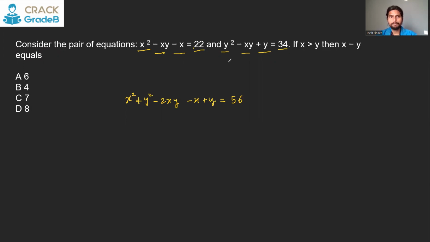If you rearrange it properly, x square plus y square minus 2xy means x minus y's whole square. Also, if you take minus common, x minus y is equal to 56.